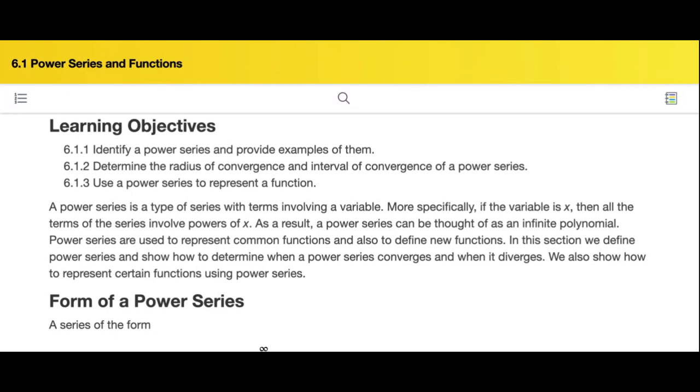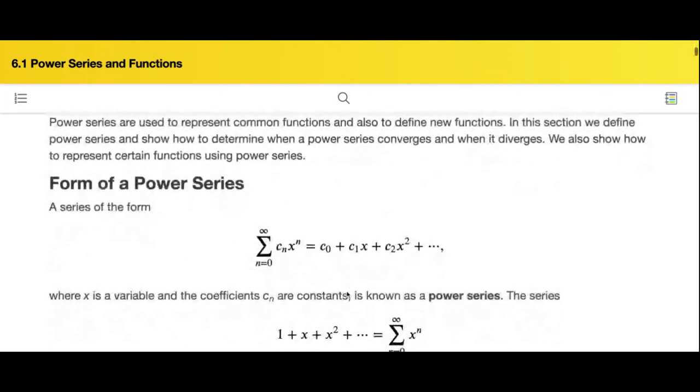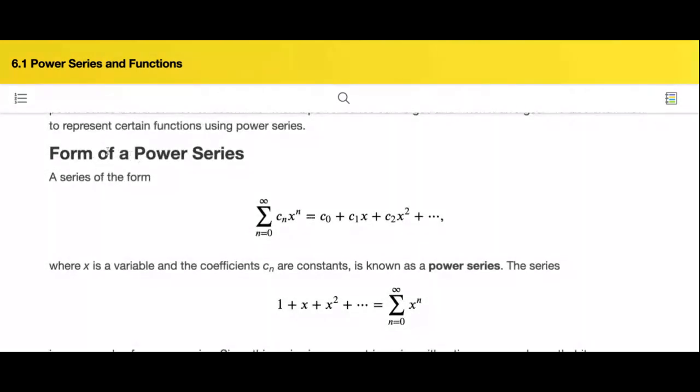Okay, so power series and the functions have some relationship. Okay, the form of a power series, again, with one variable, right? And each term is the variable x with a coefficient.